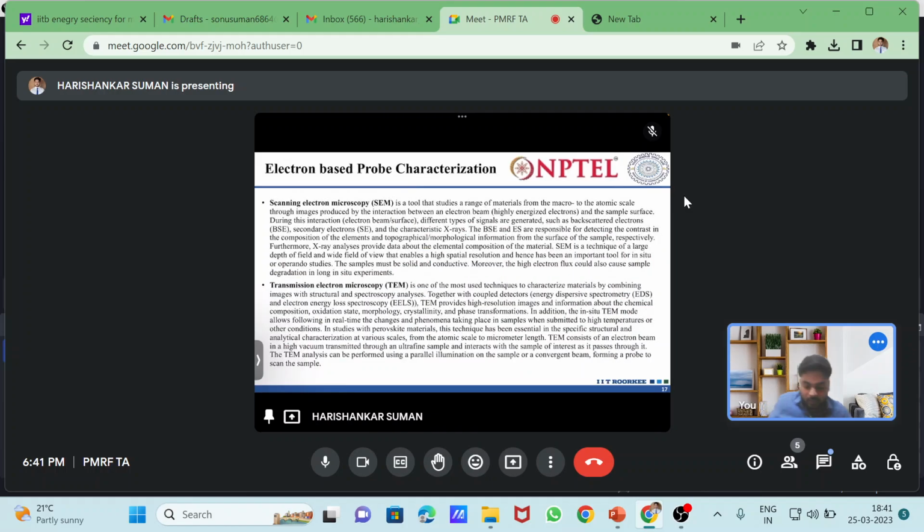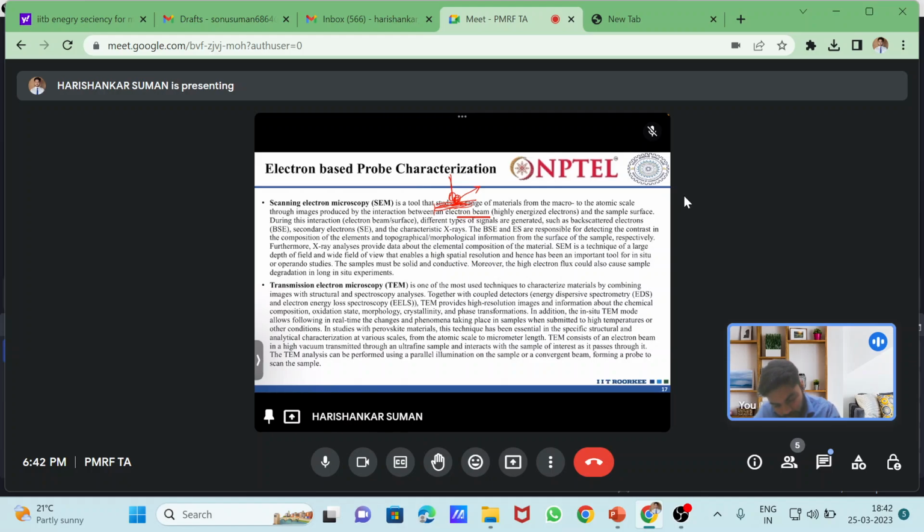Similarly, SEM, scanning electron microscope. SEM is a tool to study materials from micro to atomic scale through images produced by the interaction between the electron beam and the sample surface. When electrons are highly accelerated and incident on the surface, they interact and produce outputs like secondary electrons from the atoms, which are collected by the detector to produce the image.